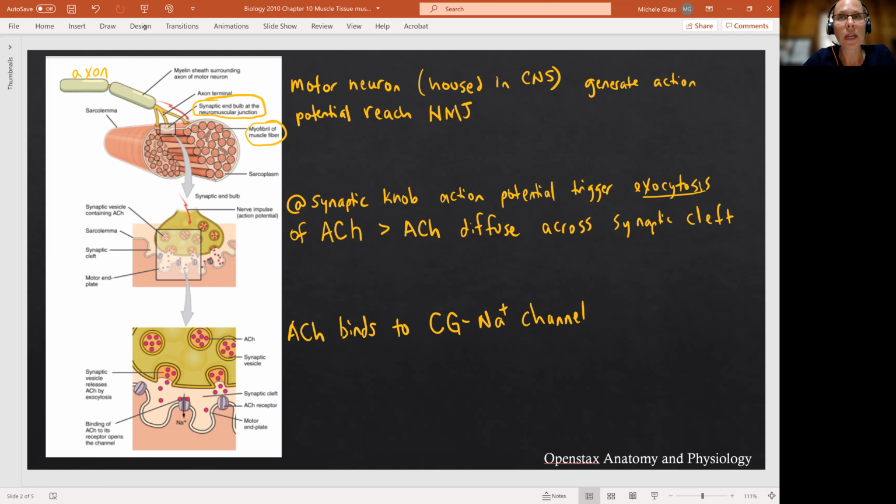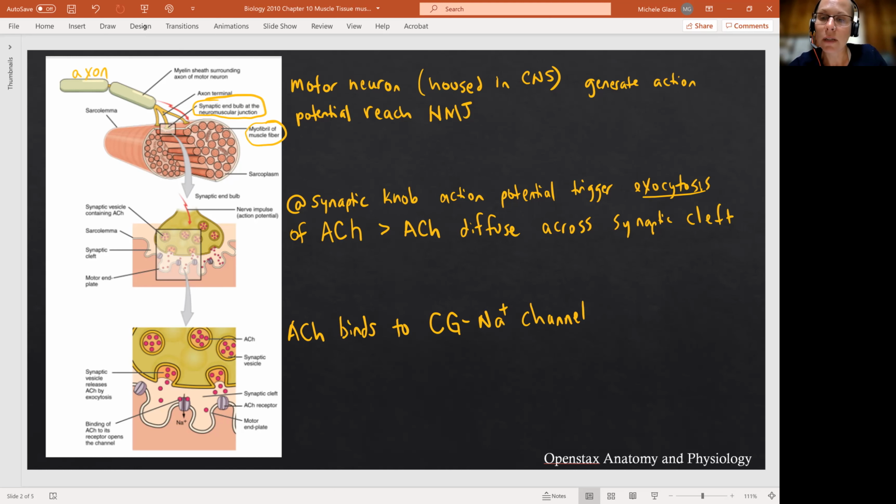So remember here that a gated channel is one that can open and close. It's the binding here of the acetylcholine that opens. So that's why it's chemically gated, because the chemical is acting like the key to open up the channel. And this is a channel that is specific for sodium, so only sodium ion is able to move through.